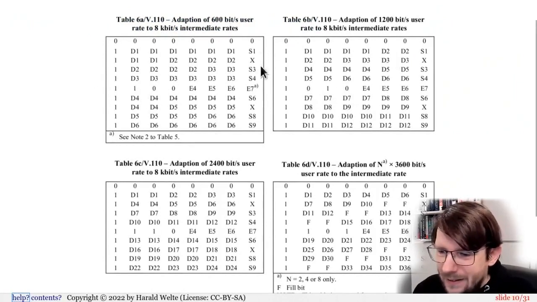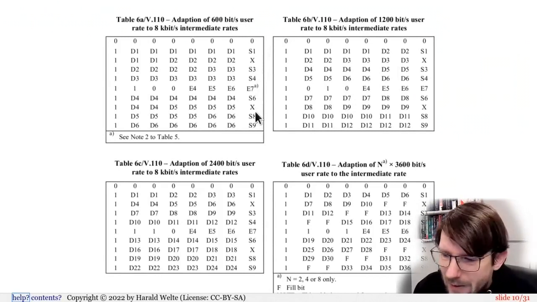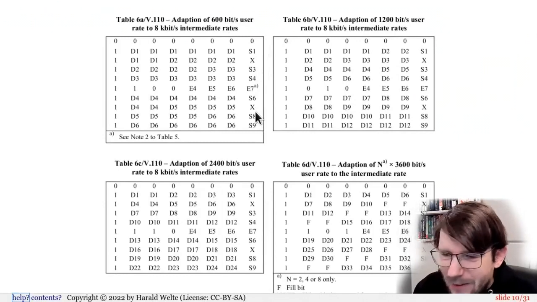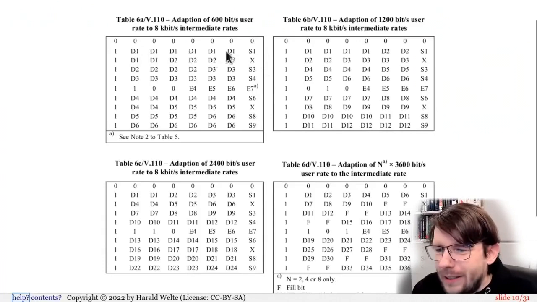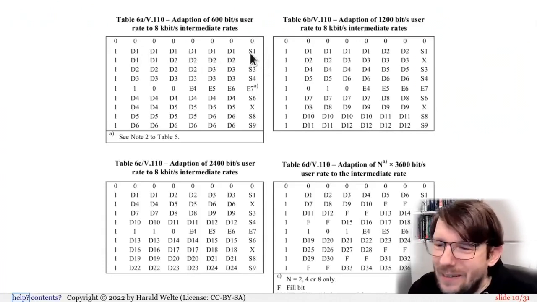The S and X bits, as I said, are used to encode flow control and other status information bits. And that's actually interesting because the specification goes as far as to tell you at which of the data bits the respective S bit is sampled in the terminal adapter.